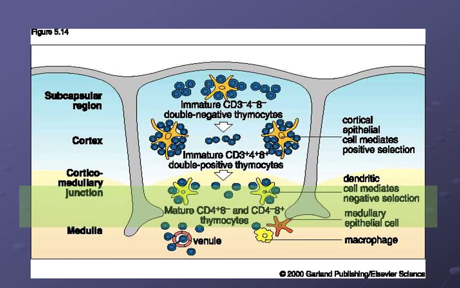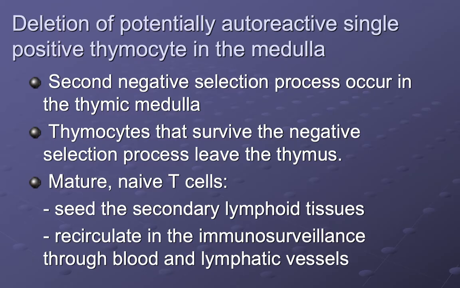Although the process of lineage determination is almost complete, there are some instances in which some single positive thymocytes escape the screening and selection process. So in such cases, their deletion still must be carried out. Our second negative selection will occur in the thymic medulla, where we expect the thymocytes to be more specialized and ready for shipping.